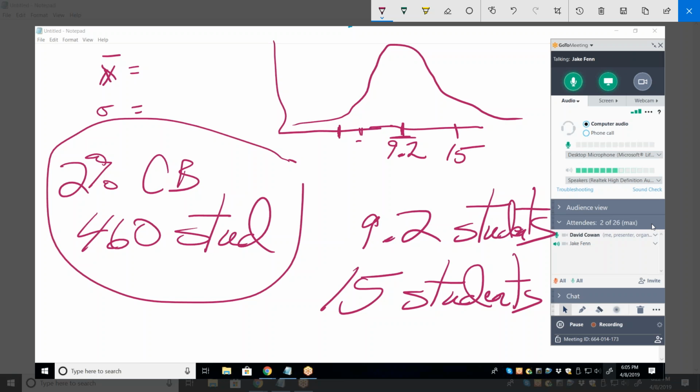In other words, if we presume that this is 2% of one school, right, with 460 students? Yeah. So if we were trying to get an estimate on what the national rate was, and you did this study at a number of different schools that all had 460 students, in some cases the average is going to be 9.2, but you're going to find some schools where there's 15 colorblind students, and other schools where there's only 3.